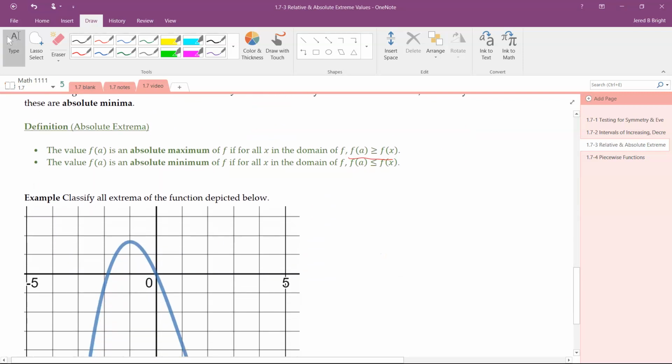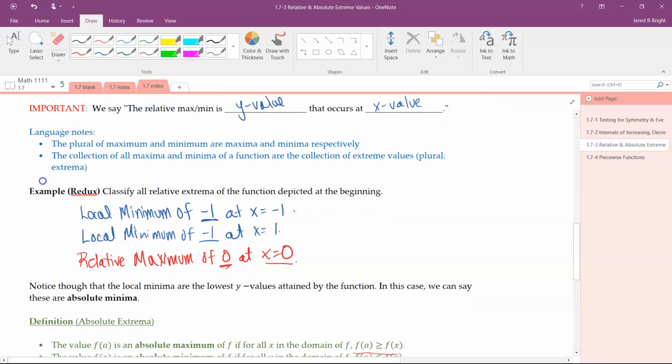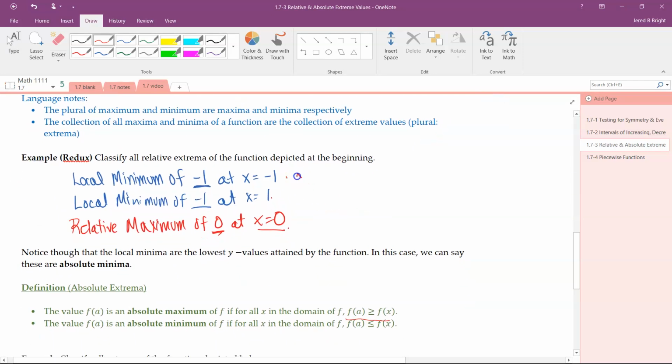So we would actually say these two here are absolute minima. Instead of local, you could scratch that out and put absolute.